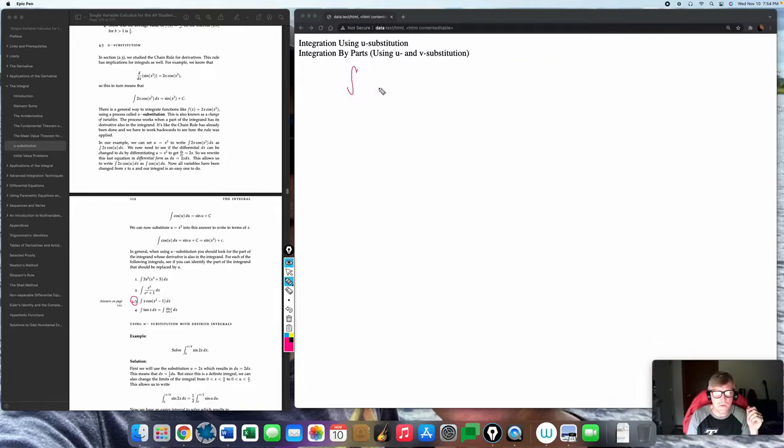The integral of x times the cosine of x squared minus 1 dx. So I'm going to ask you, no pun intended, to decide what part of this integral I should let u equal.